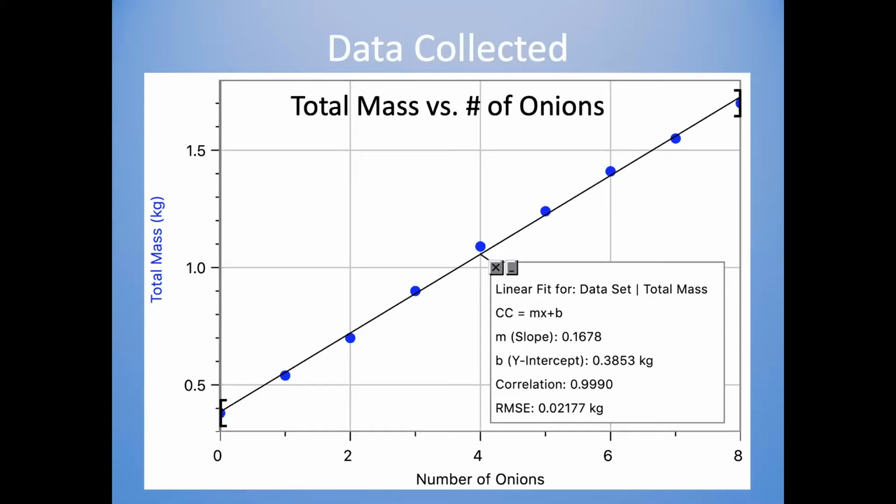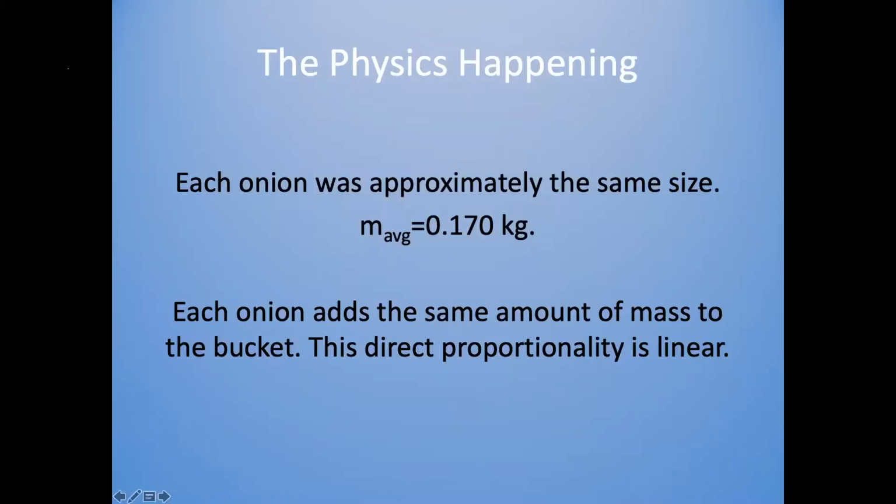Petrus, do you want to talk about the analysis part? Yeah. So we measured all of the onions and found that they had an average mass of 0.17 kilograms. And so we treated each onion as weighing the same amount.